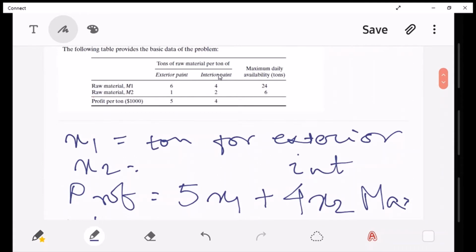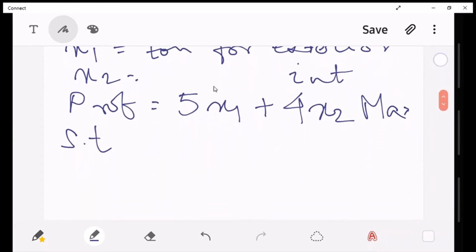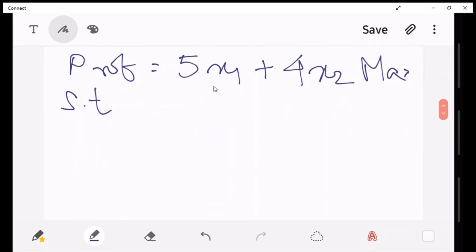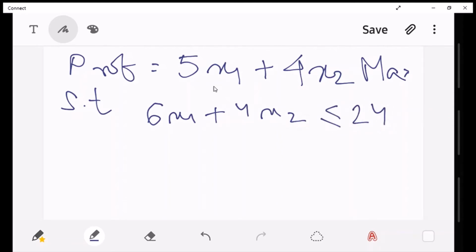It says the daily availability is 24 tons for M1 material, and per day we are using x1 into 6 plus 4 into x2 tons, and this value should be less than or equal to 24. So 6x1 plus 4x2 should be less than or equal to 24.